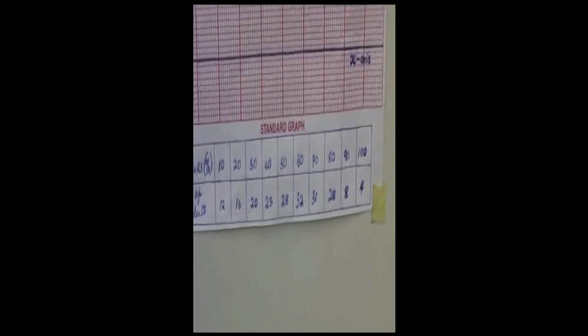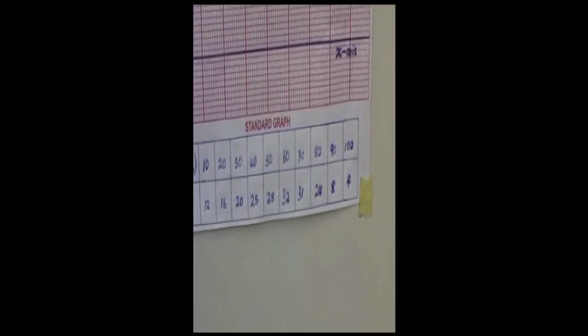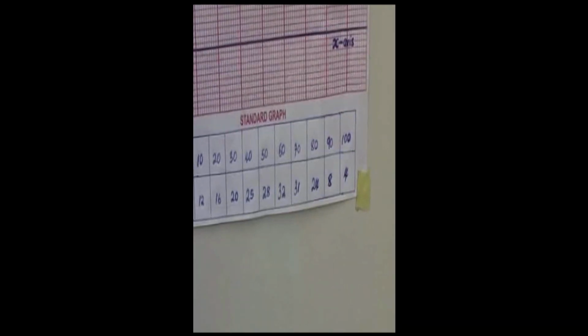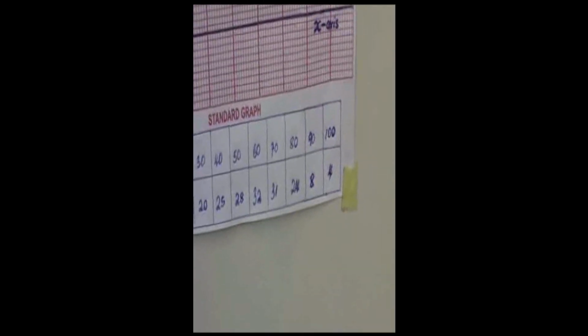Marks in percentages, number of students. 12 students scored 10 marks, 16 scored 20, 20 scored 30, 25 scored 40, 28 students scored 50, 32 students scored 60, 31 students scored 70, 24 scored 80, 8 scored 90, and 4 scored 100. That was the table we had on our whiteboard, and it is now appearing under our graph paper.